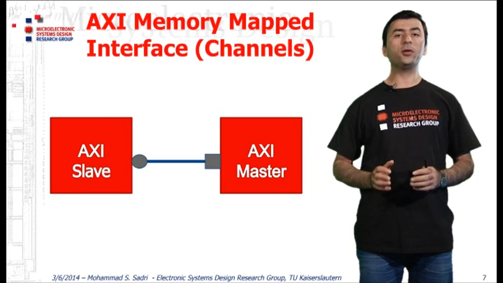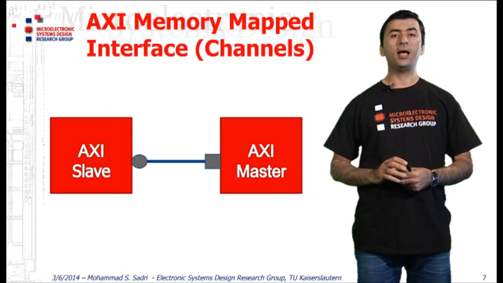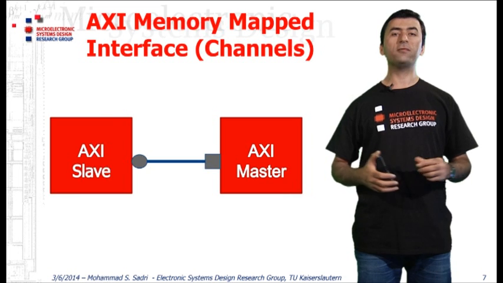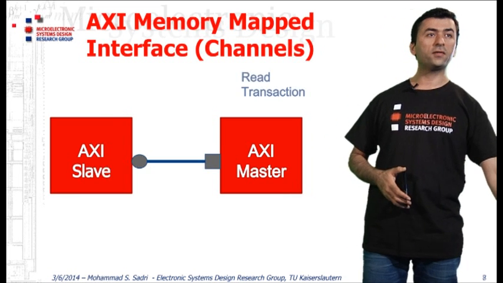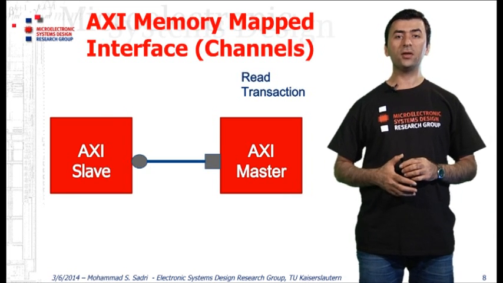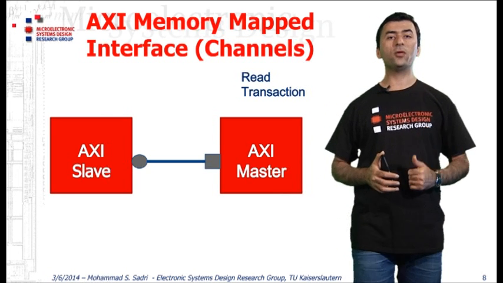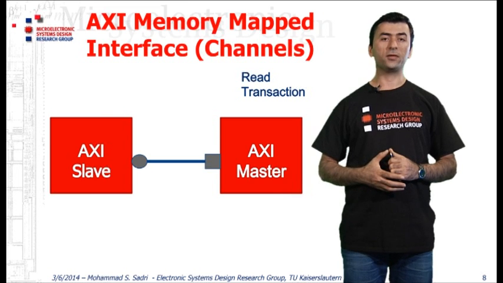If we try to look in more detail at one AXI memory mapped connection, what shall we see? We see different set of signals for read transactions and another set of signals for write transactions.